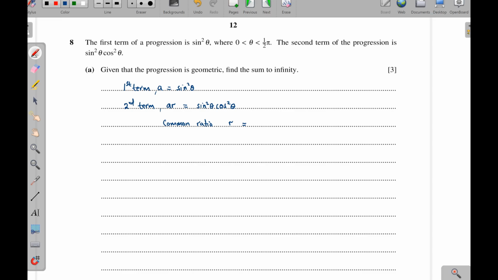So we shall have sine squared theta cos squared theta divided by the first term, which is sine squared theta, and you will have it as cos squared theta. So meaning the sum to infinity, which is equal to a over 1 minus r, our a is sine squared theta, then over 1 minus our r, which is cos squared theta.